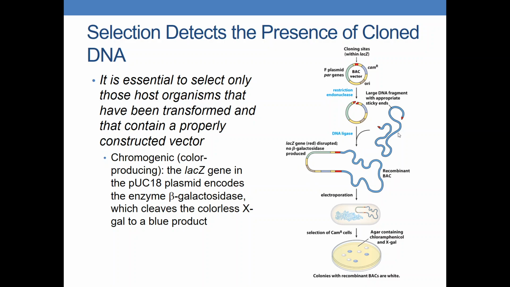Now, this approach is pretty commonly used to insert large DNA fragments, not small ones. So you might have to resort to this if you have a large gene that you're interested in. Now, you're going to take this large plasmid and use a method called electroporation to get it into a bacterial cell. Electroporation is commonly needed to facilitate transformation. It's a higher efficiency way because remember, the bigger the plasmid, the lower the efficiency of transformation.